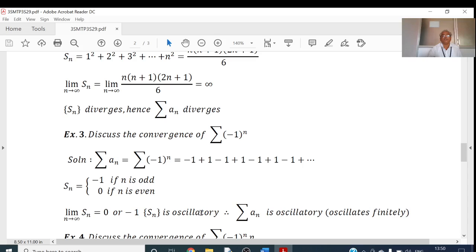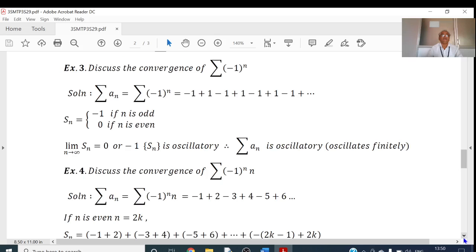If this sequence is oscillatory, then you say that the given series is also oscillatory, and this oscillates finitely because the limits are finite here, 0 and minus 1, but not unique. Therefore, we say that the sequence oscillates finitely. Therefore, the series oscillates finitely.